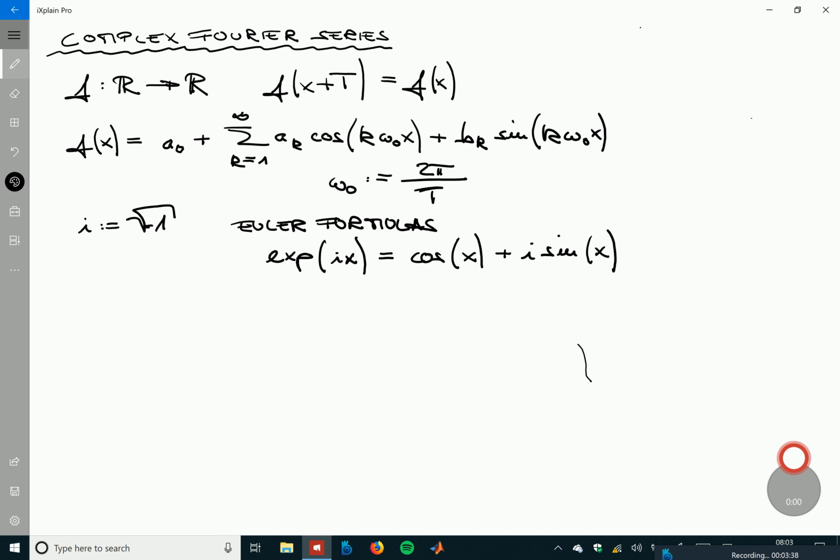We spent most of the last session discussing why this holds. As you may remember, this holds because of the series definitions of the exponential, the cosine, and the sine function.